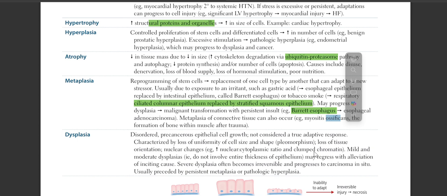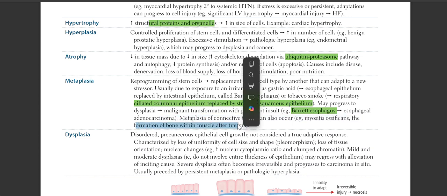So basically, there was some kind of muscle inflammation which led to bone formation in the muscle. Yep, it says bone formation within muscle after trauma. So simply based on the name, you can assume what the metaplasia is. Here, it's myositis ossificans after trauma.